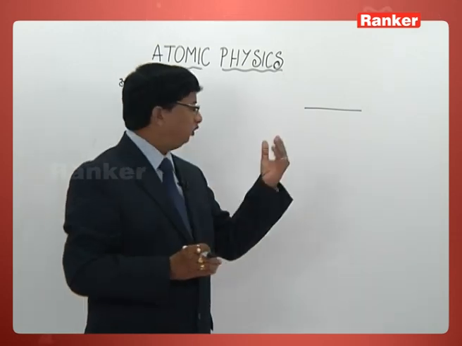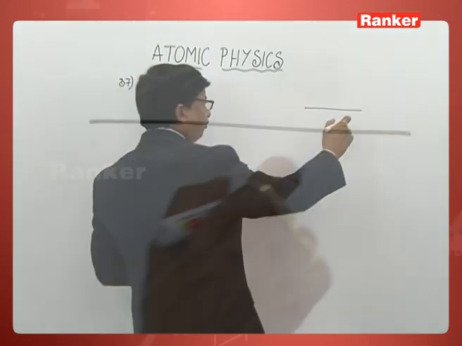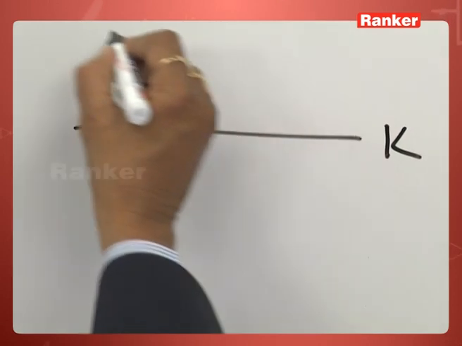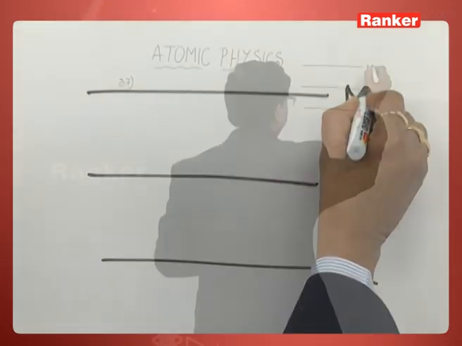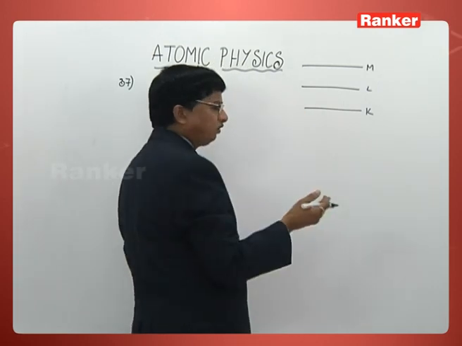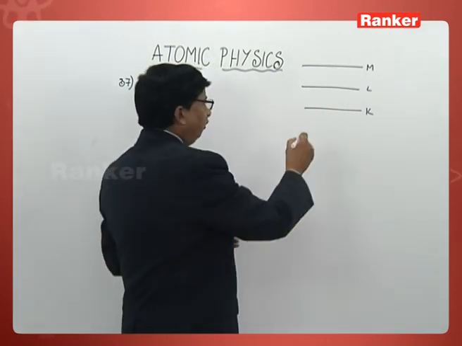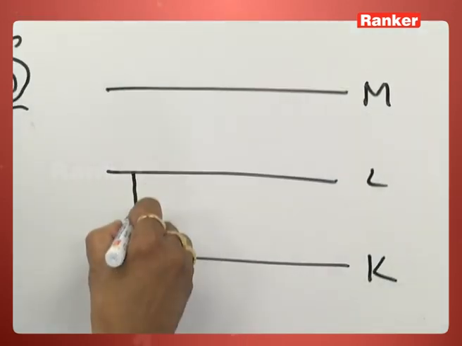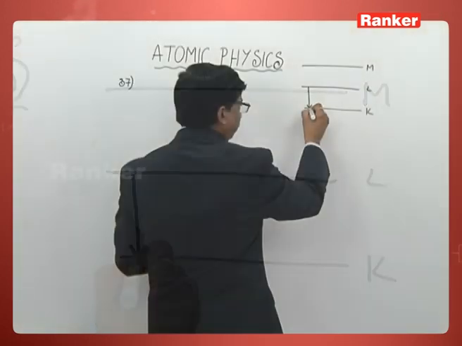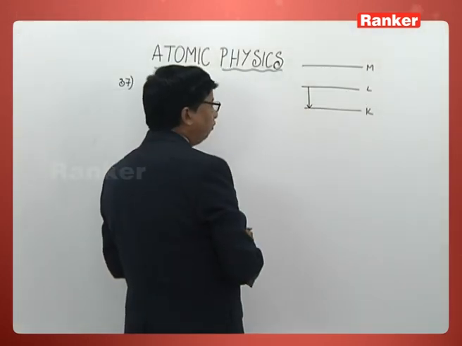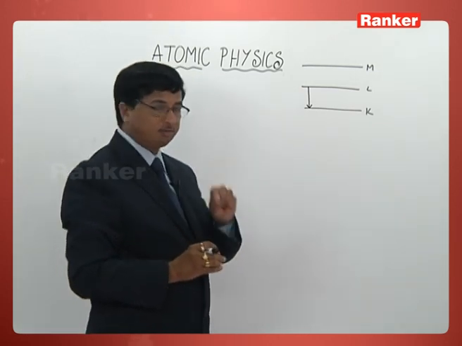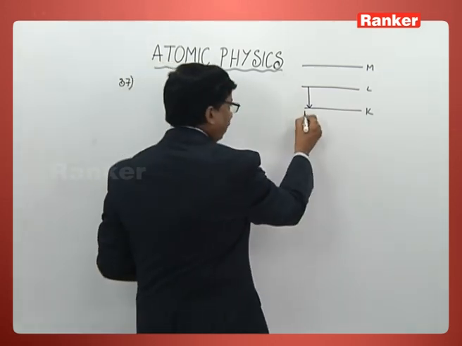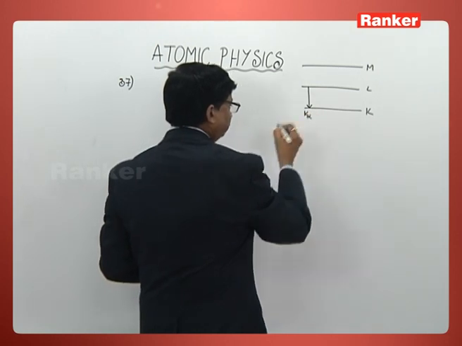So once again, if you recollect, K shell, L shell, M shell, and so on. When an L electron transits into the K shell, the X-ray released in that process is called the K alpha line.